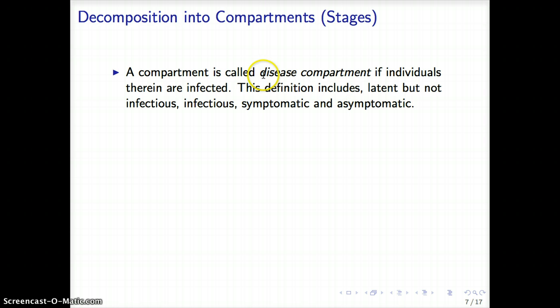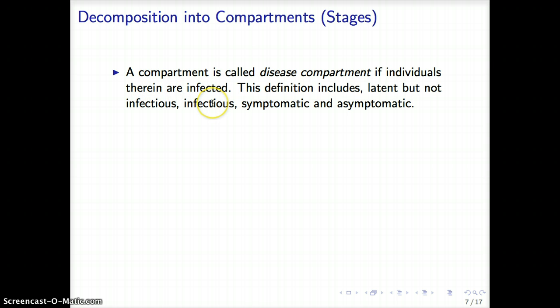One of the sets is going to include compartments for disease, where individuals in those compartments are hosting the pathogen. Therefore, they're infected. And these compartments are going to include individuals that have been exposed or are undergoing latency. That means they are infected but not infectious.